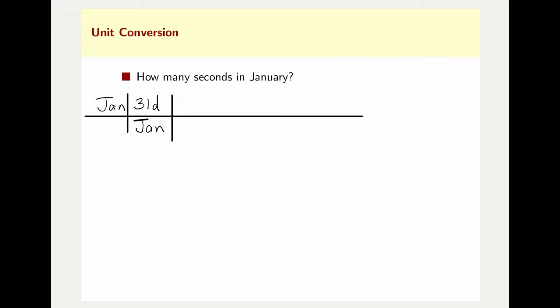Now let's work our way down to seconds. Need a day in the bottom to cancel. 1 day is 24 hours. 1 hour is 60 minutes. And 1 minute is 60 seconds.